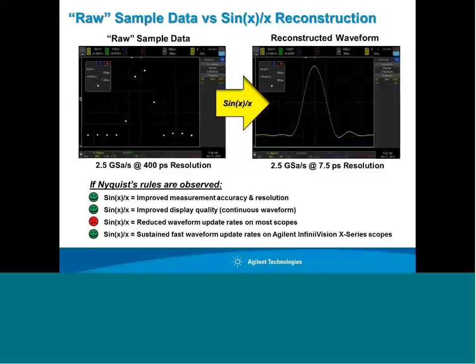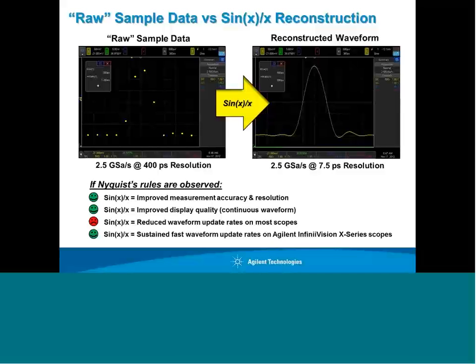If you read the Nyquist theorem, he talks about reconstructing a waveform, and that's done with a sin X over X filter. What the sin X over X filter gives you, first of all, it gives you a continuous waveform as opposed to discrete points. It also improves your measurement accuracy.